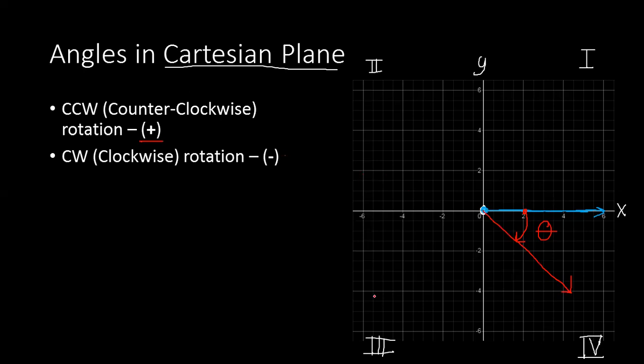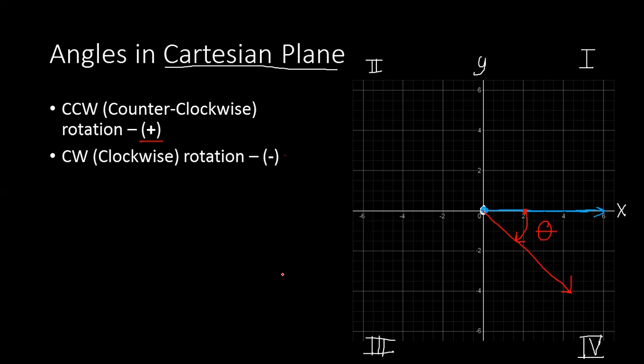Again, no matter how far the initial side is from the terminal side, as long as the terminal side rotates in a clockwise direction, expect that the angle is negative. So basically, that's it.